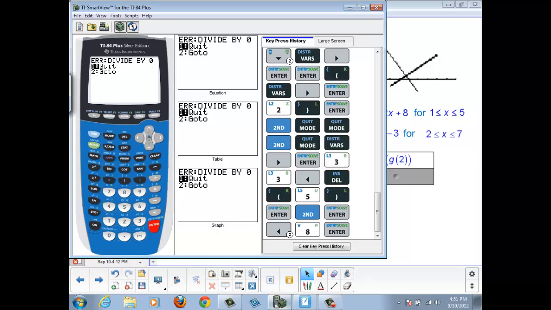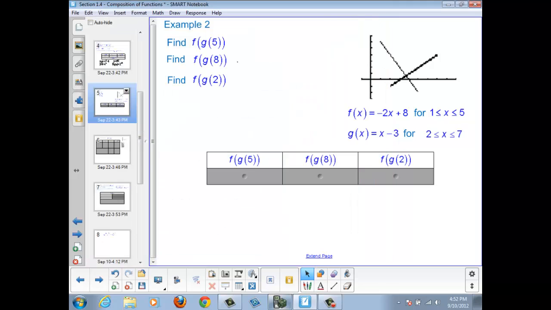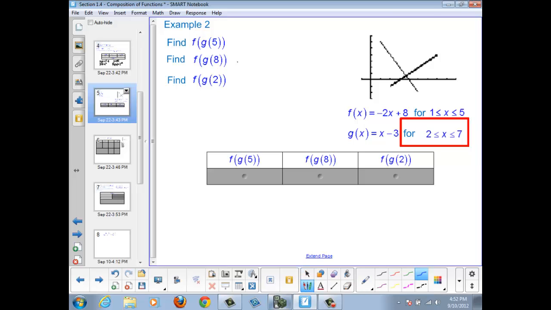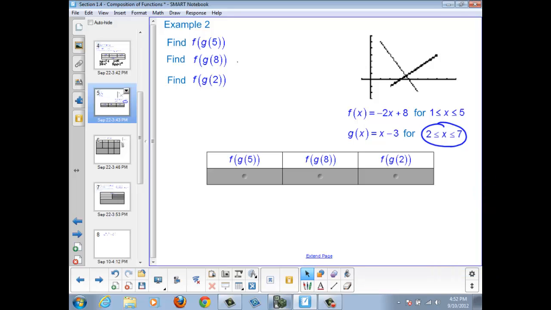Let's click and see if we can figure out why that happened. Well, if we go back to our equations, we'll notice that our starting value of 8 is actually outside the restrictions on g of x. So when we try to plug that in, our calculator warns us that our Boolean variable has a value of 0.